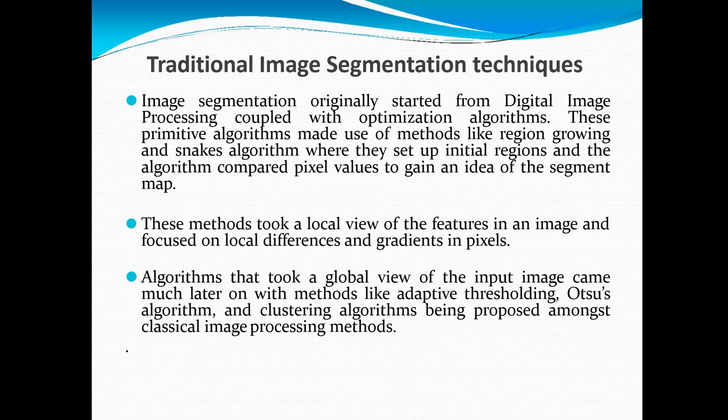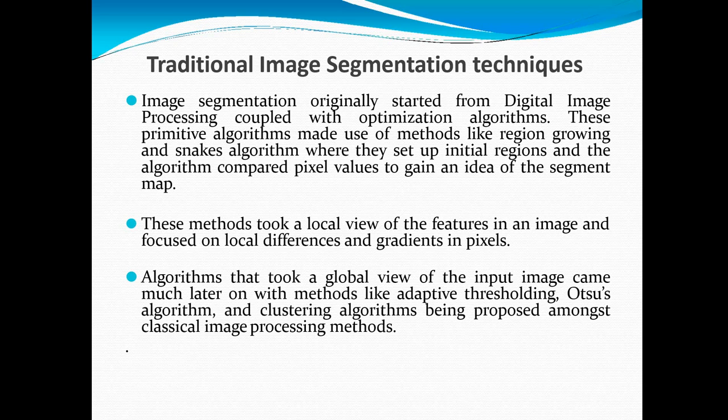Traditional image segmentation techniques. Image segmentation originally started from digital image processing coupled with optimization algorithms. These primitive algorithms made use of methods like region growing and Snake's algorithm, where they set up initial regions and the algorithm compared pixel values to gain an idea of the segment map.